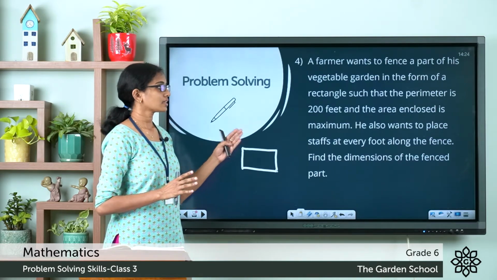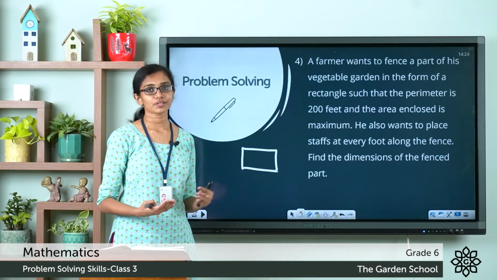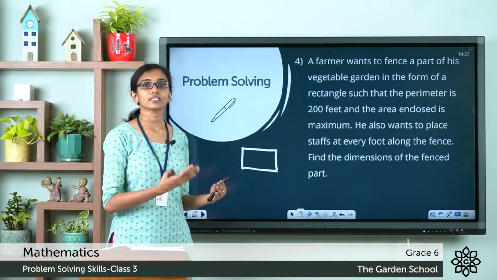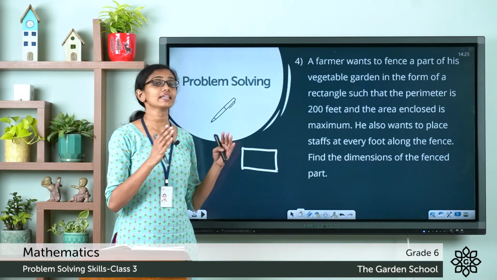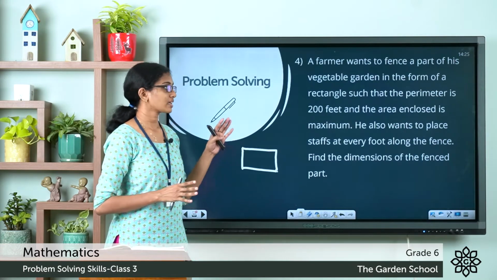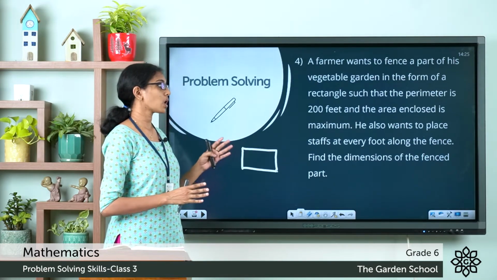Now, are the dimensions of this garden given? No. We need to come up with the dimensions of this rectangular garden so that we can build the fence around it in such a way that the area enclosed is the maximum. Now, it is also said that he wants to place staffs at every foot along the fence.